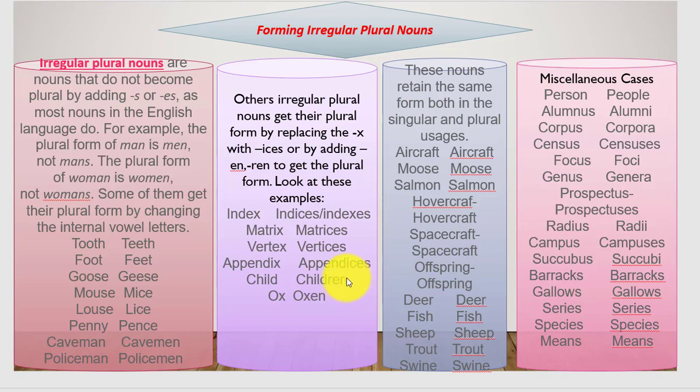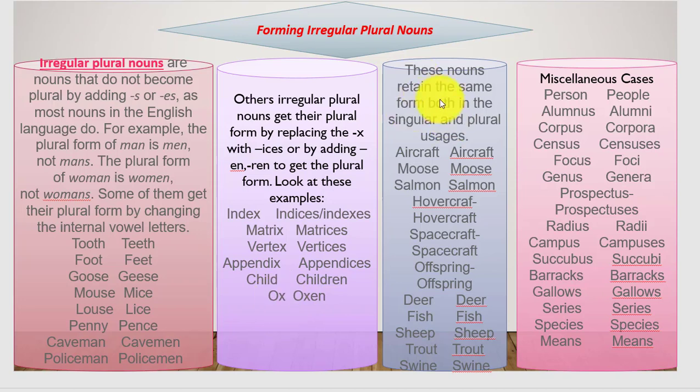You cannot add an s to it to make it further plural. Its singular is child. He has only one child, he has two children. We bought an ox at the fair, and we bought three oxen. You cannot say oxes. We bought three oxen at the fair.